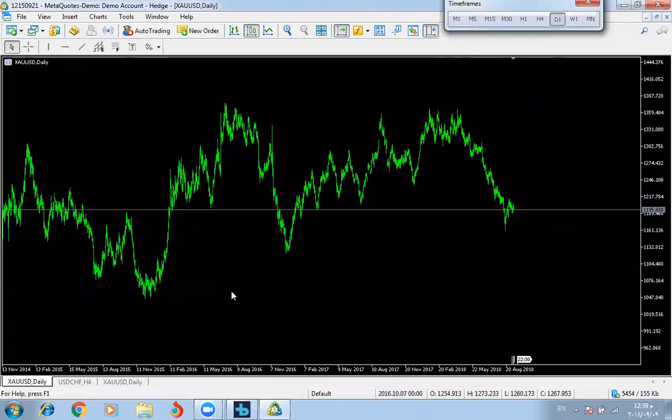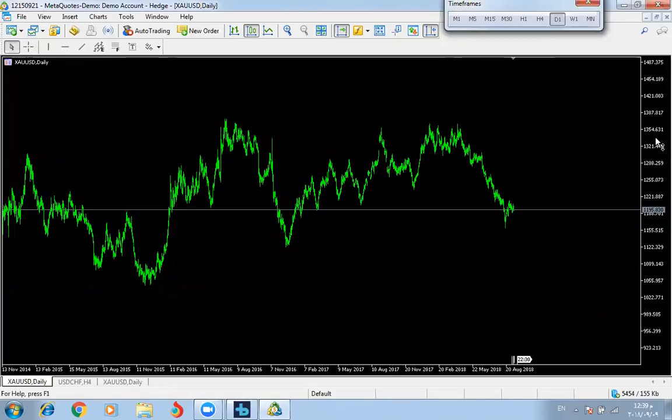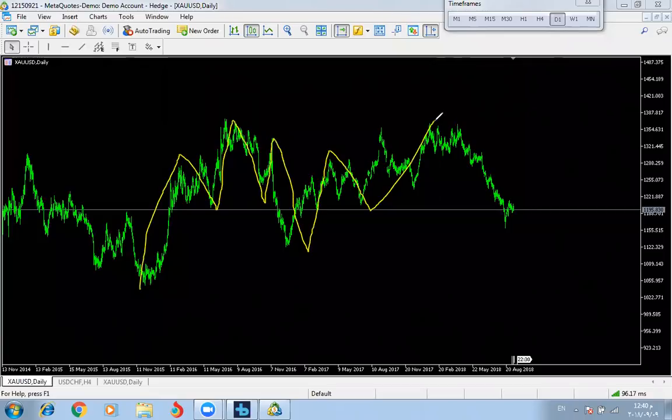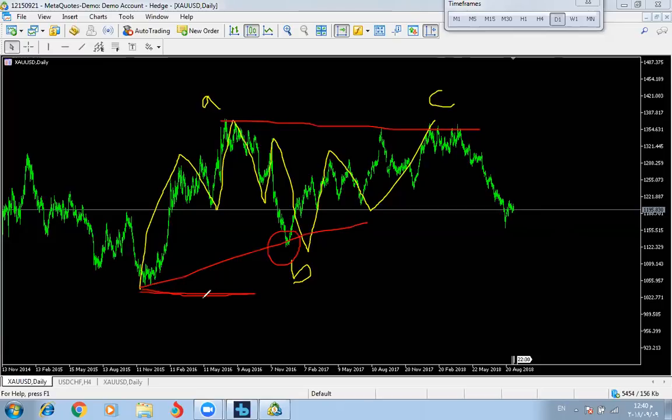This whole piece of correction is in the form of A, B, C, A, B, C, and A, B, C. This is A, this is B, and this is C. And we call this corrective structure a regular flat.